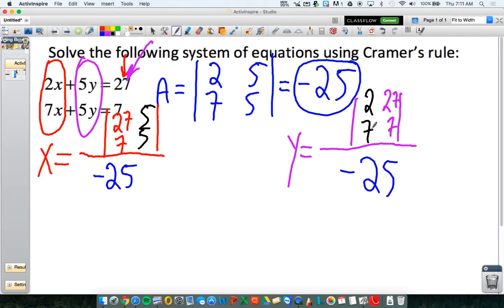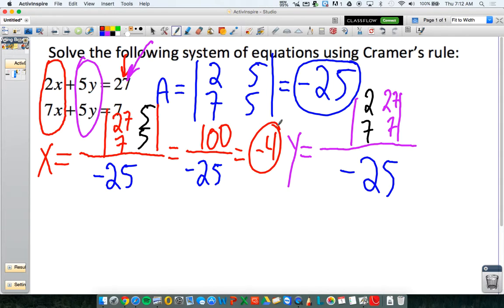Now from here, it's a little bit of solving. Find the determinant of the numerator. And again, I don't care how you do it. Do it in your head, do it by hand, do it with a calculator. But you'll get 100. And you will do negative 100 divided by negative 25, which is negative 4. So there's our x value.